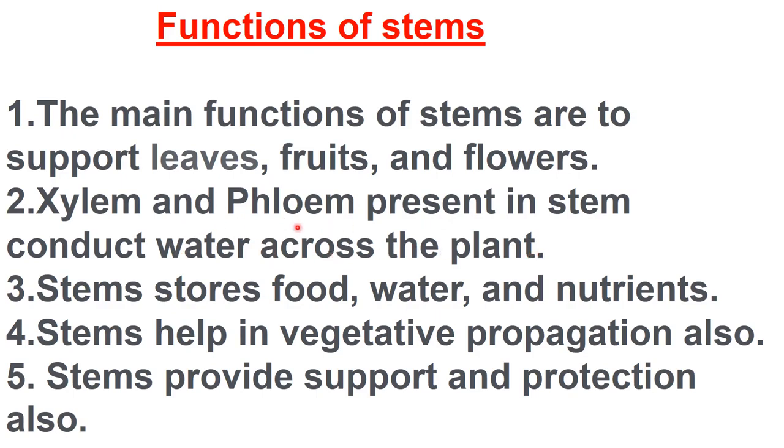Through the xylem, water and minerals are conducted, and through the phloem food is transported. Both are present in the stem, so the stem plays a role in the conduction of water, minerals and also food, because these vascular tissues, xylem and phloem, are present inside the stem.